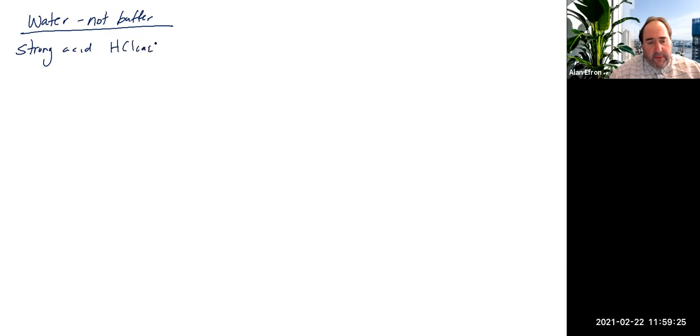So we went and grabbed a bottle of hydrochloric acid and we added it to a beaker of water. When we add that hydrochloric acid to water, we know because it's a strong acid, it is going to 100% break apart into H plus and Cl minus. So by adding that HCl to water, which is not a buffer, it is going to have no problem 100% breaking apart into these guys.